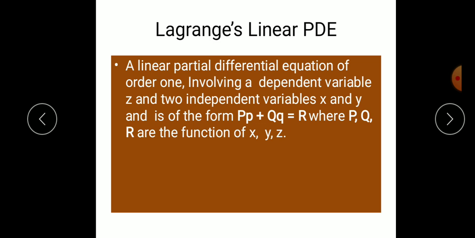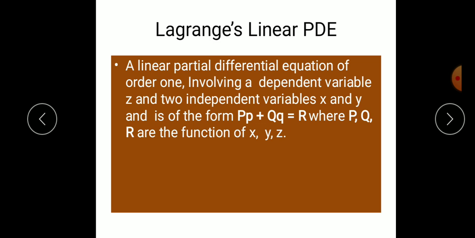Okay, so it means a linear partial differential equation of order 1 involving a dependent variable z and two independent variables x and y, and which is of the form Pp plus Qq equal to R, where P, Q, R are functions of x, y, then this form is called Lagrange's linear partial differential equation.